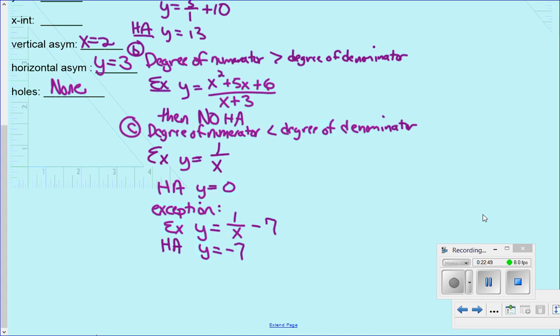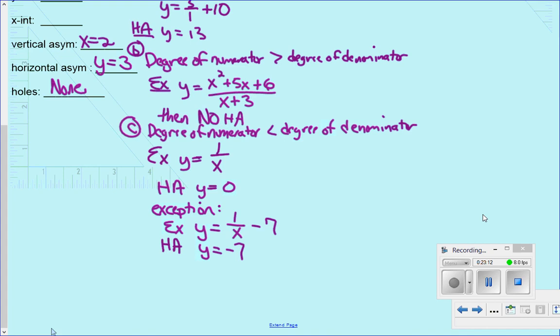So with this one, where the degree of the numerator is smaller than the denominator degree, and the first scenario A, where the degrees are equal, if there's a number added on the end, remember that number needs to be added on to the horizontal asymptote following the rule, but then add that number on. Or if it's a minus, you need to subtract that number.